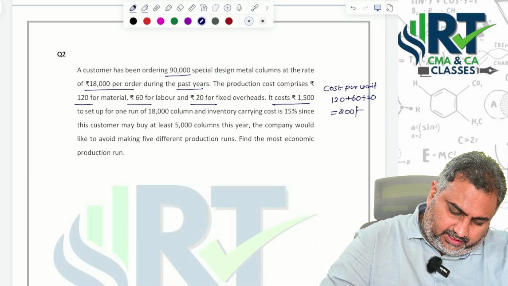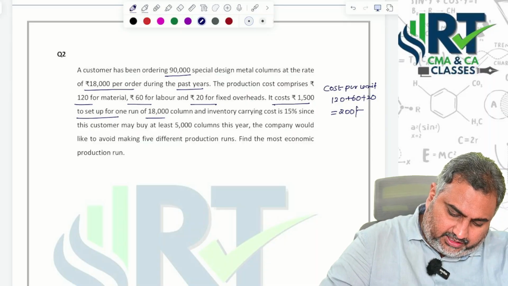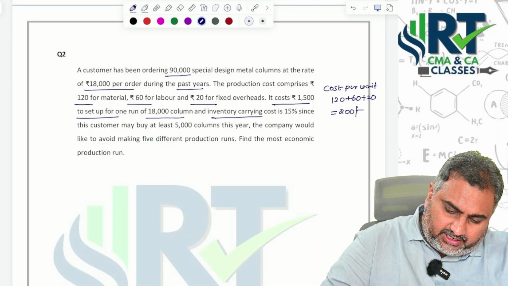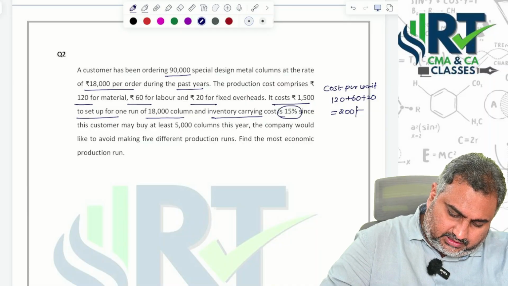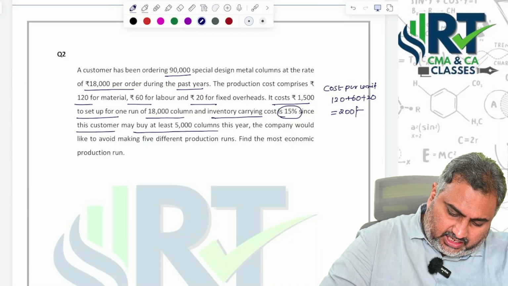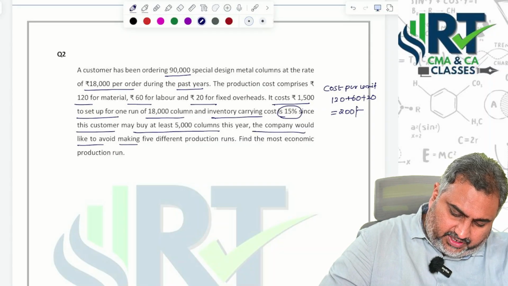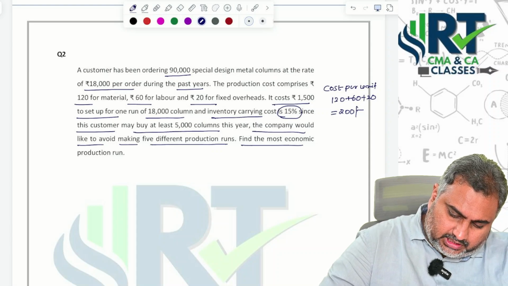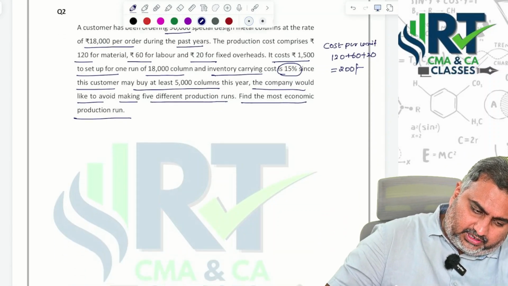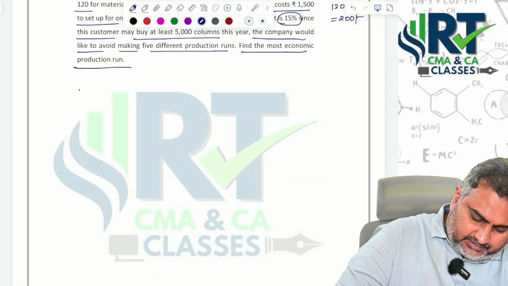It costs 1500 to set up one run, 18,000 columns, and inventory carrying cost is 15%. This customer may buy at least 5,000 columns this year. The company could like to avoid making 5 different production runs. Find the most economic production run they are asking.